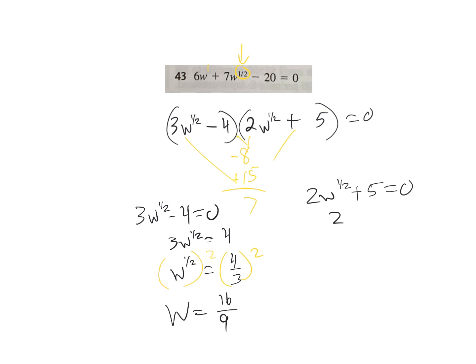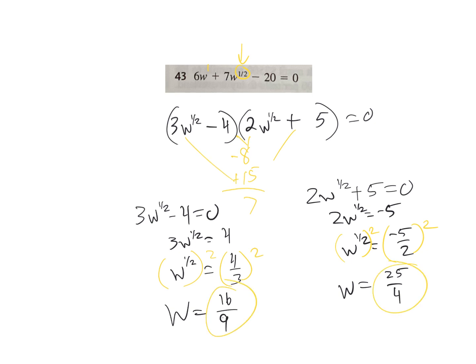And we get 2w to the 1/2 equals -5. W to the 1/2 equals -5/2. And we square both sides here. And we get w equals 25/4. All right, those are our answers. And as we can see, only one of them is going to work, but I'm not worried about that yet.